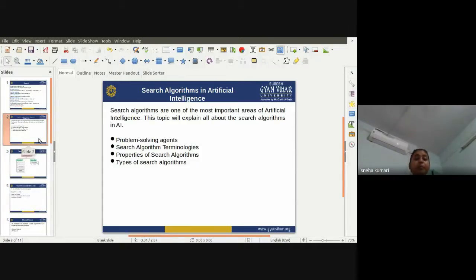Next one is path cost. It is a function which assigns a numeric cost to each path. See, in normal day-to-day life, for example, if you are going from Jaipur to Ajmer, you can choose either bus, train, or personal vehicle, right?